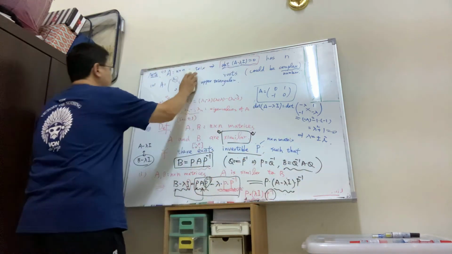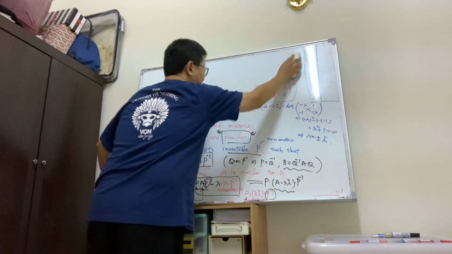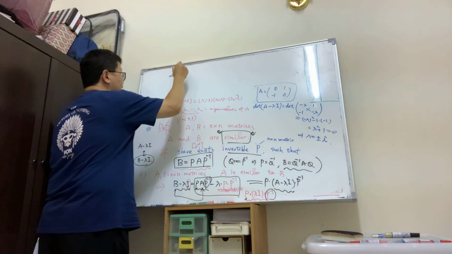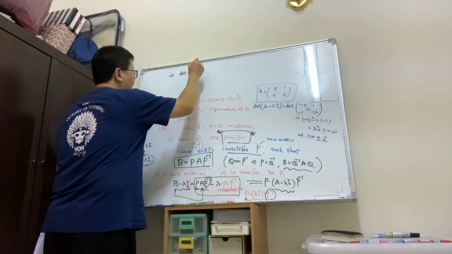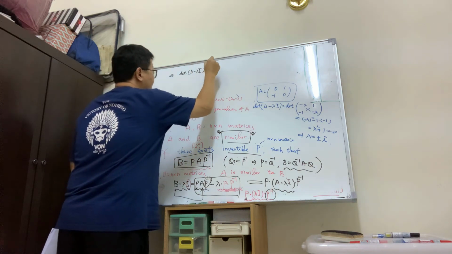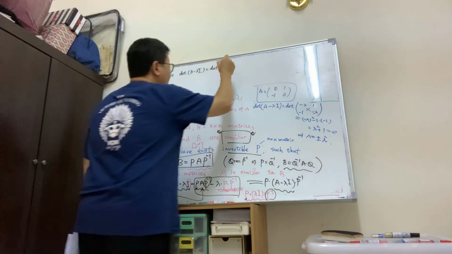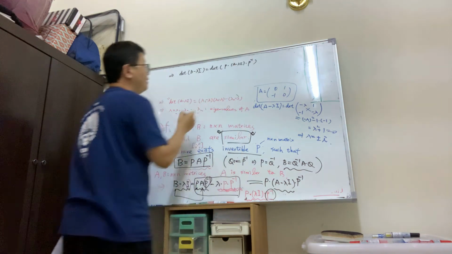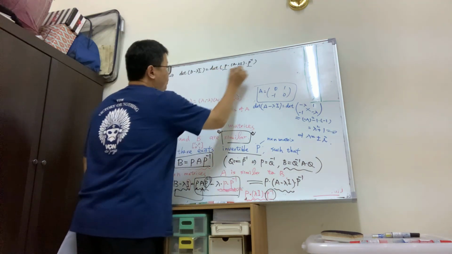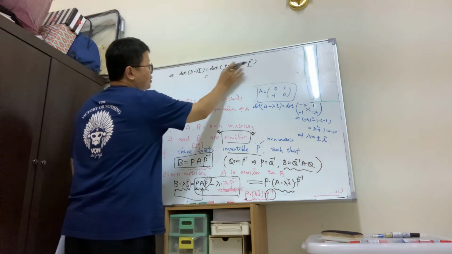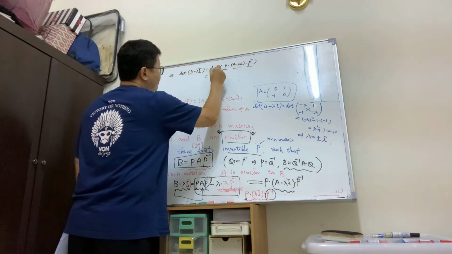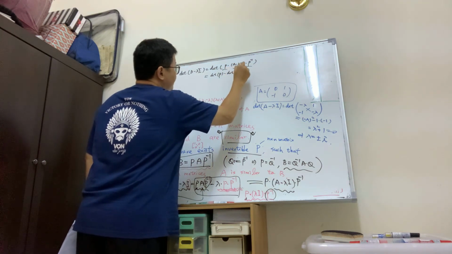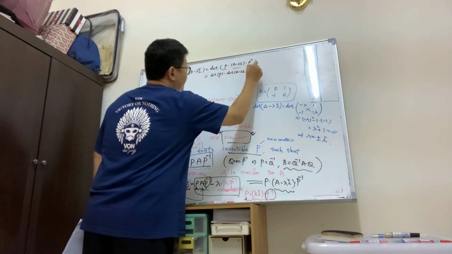So what does it mean? It means that the determinant of B minus lambda I equals the determinant of P times A minus lambda I times P inverse. And for a determinant property, we know that we could separate. It's equal to the determinant of P times the determinant of A minus lambda I times the determinant of P inverse.